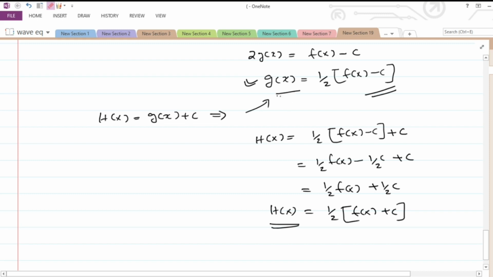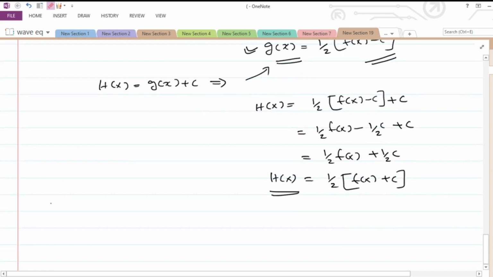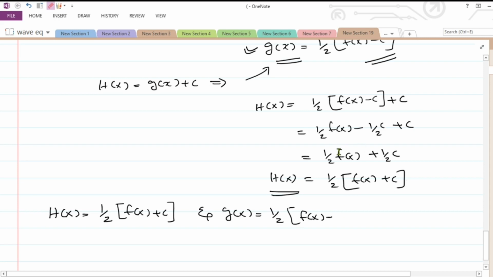So we have received h(x) and g(x). Once again, h(x) is equal to 1/2 times (f(x) plus c), and g(x) is equal to 1/2 times (f(x) minus c).